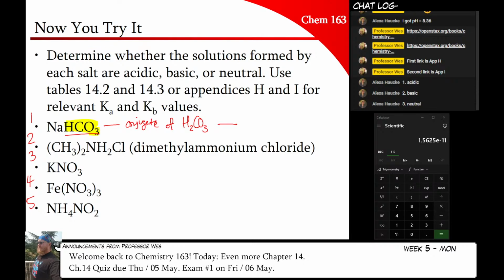This table I found is wrong, so I'm going to have to come back to that during the break. I will look that up. Anyway, I know it's a base. I'm just trying to find evidence for you guys to know that.